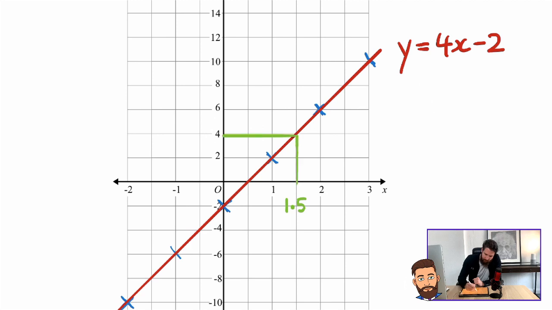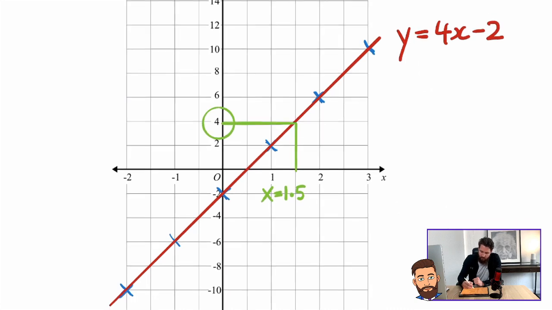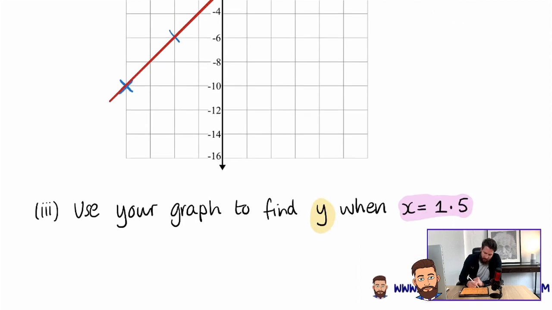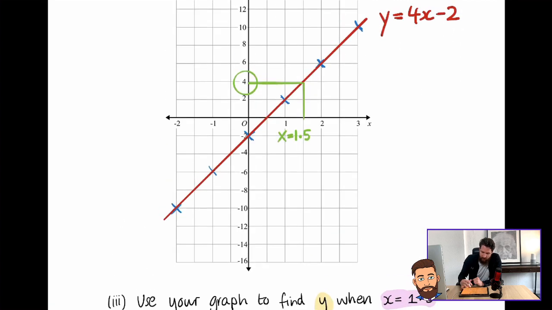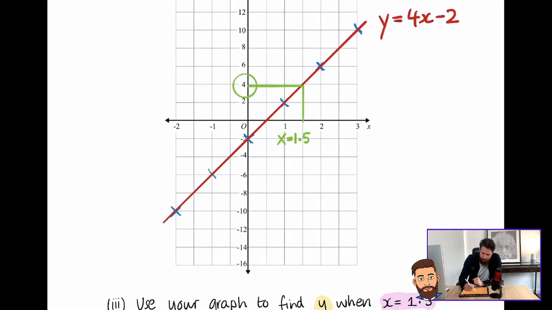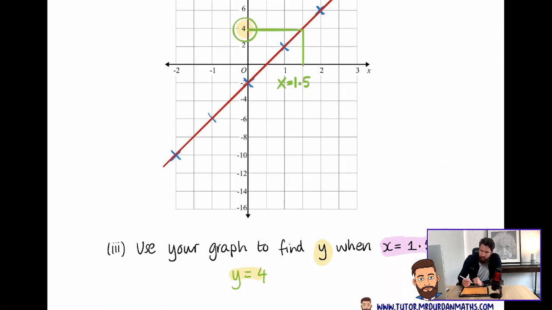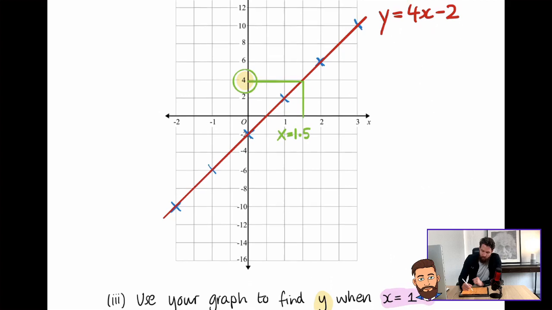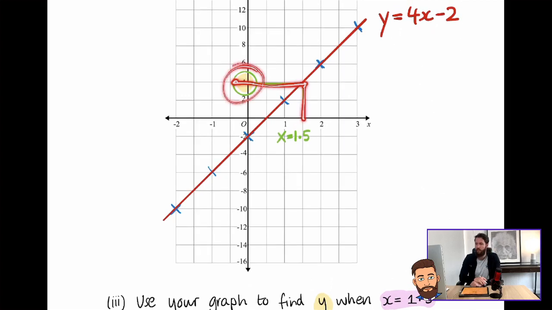What we're doing here is showing that when x is 1.5, y is 4. So for our answer, y equals 4. You find 1.5, you go up to the line, you go across, and you get 4.